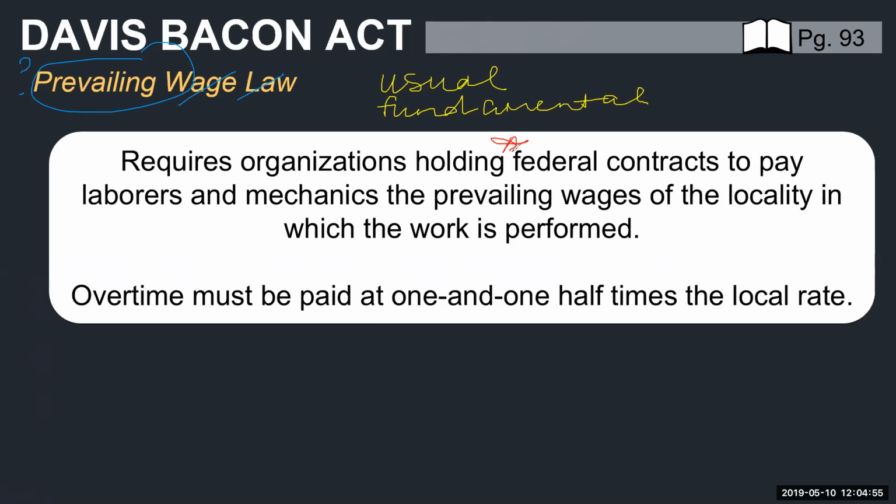So it's not per se on minimum wage, it's based on what's going on. If the going rate is $100 an hour, I want to work there, but if it's $100 an hour in that vicinity, then the Davis-Bacon Act says you've got to pay people per that going rate. That is the fundamental. That is what has been set as the standard.